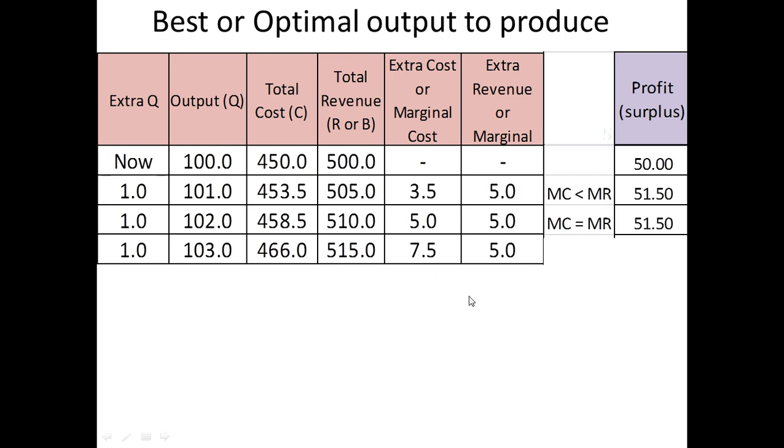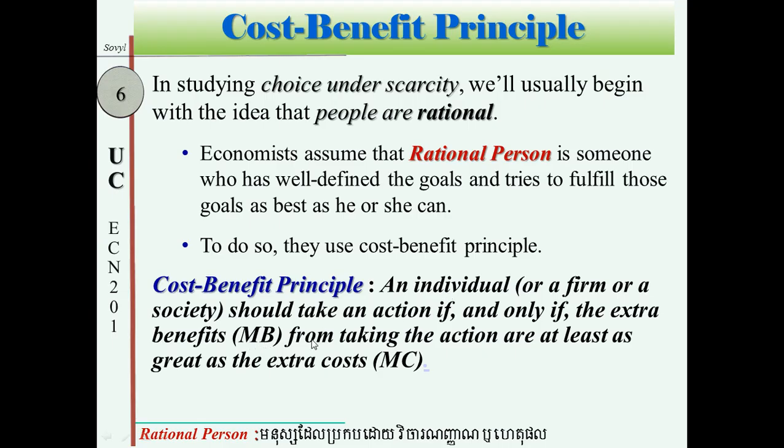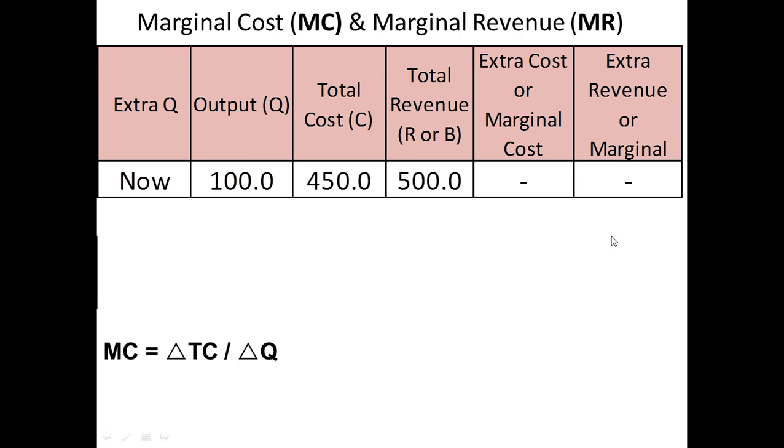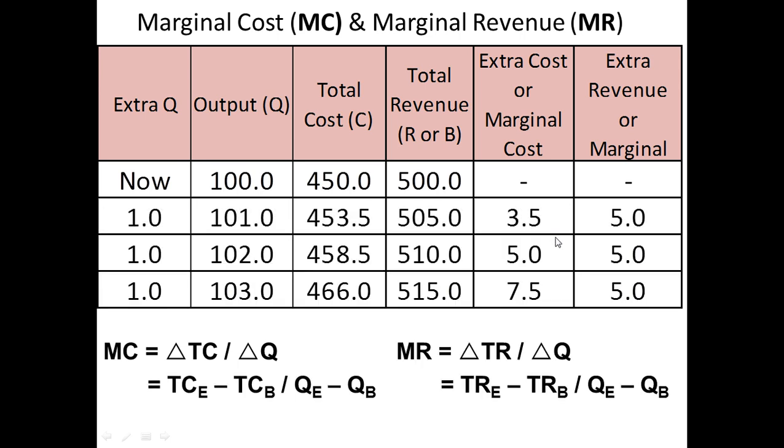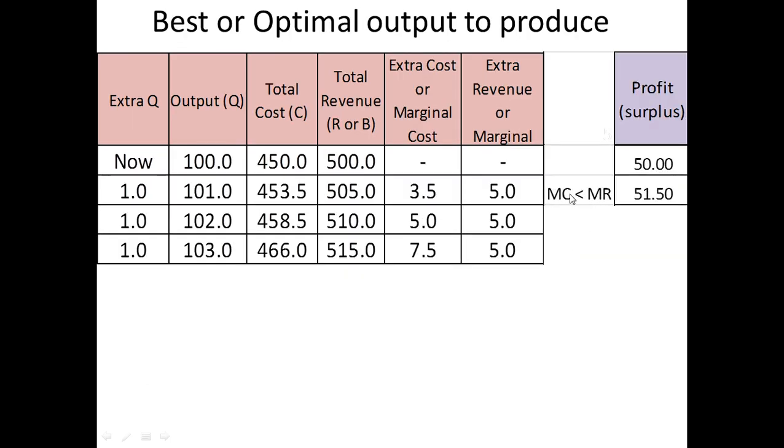That means MB is greater, because when we're talking about this, MB is greater or at least equal. If I look at this one, MB is greater, or this is equal. That's why it's better for users to take 101 or 102, but not 103. Why not 103? Because MC is bigger than or greater than MB.